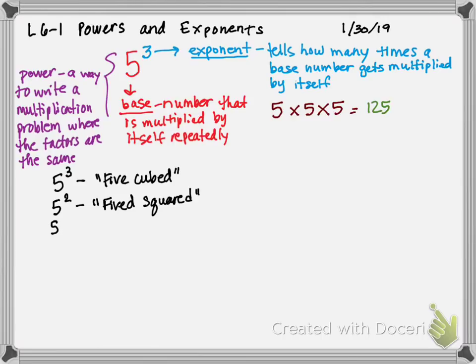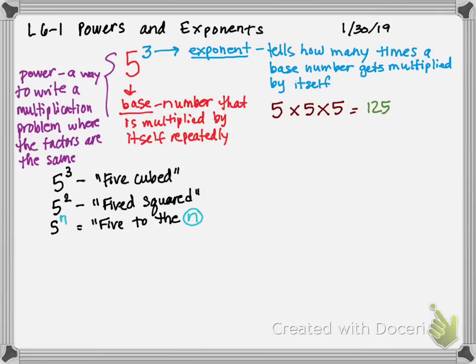So how do I read the rest of them, when I have any kind of exponent you can imagine? We're going to use n as any exponent, and we read this as 5 to the nth power.